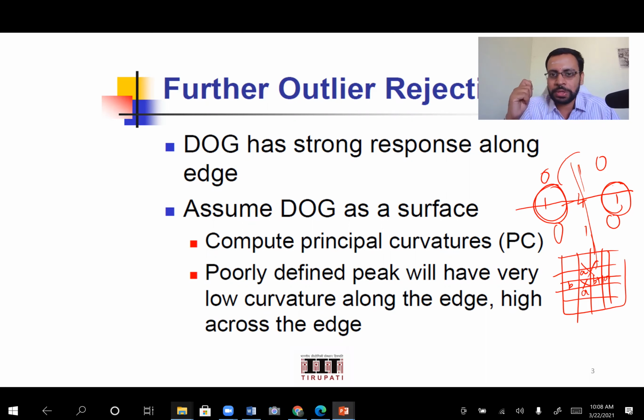It is for this purpose, to figure out whether a given large increase in value is caused by a corner or an edge. If you recollect from the Harris corner detector, it does this by computing the second order moment and looking at the eigenvalues of that second order moment.